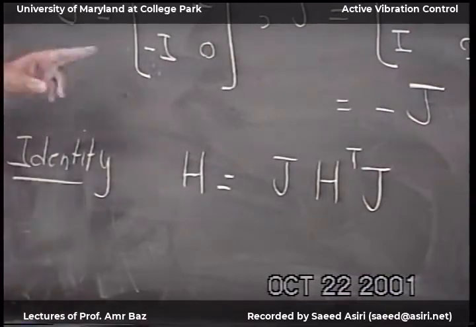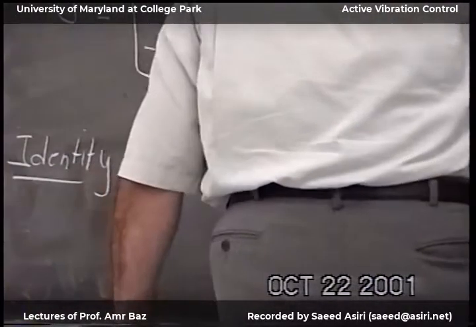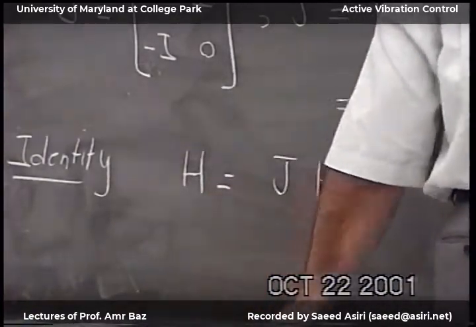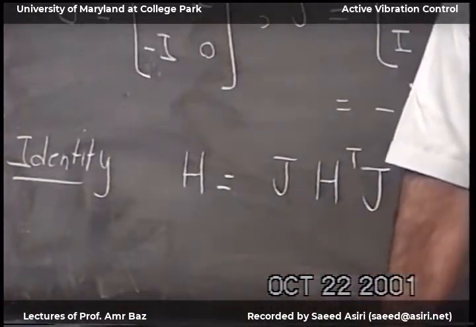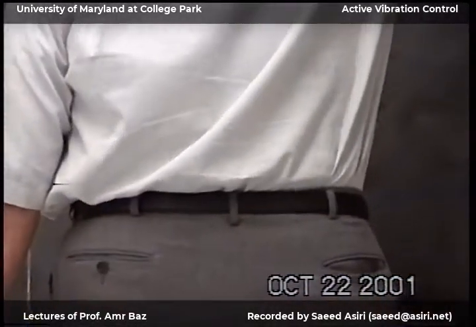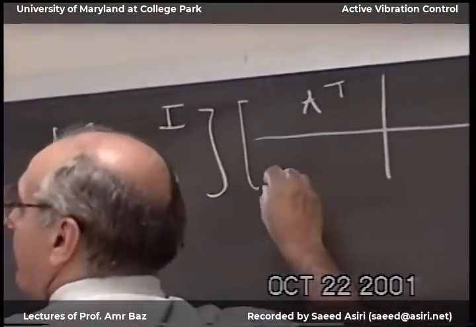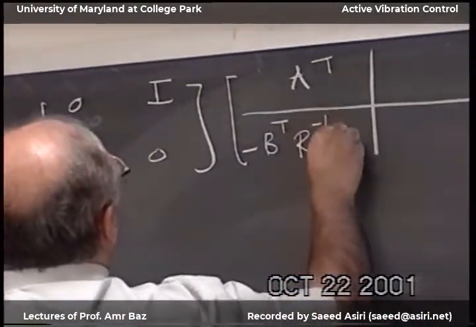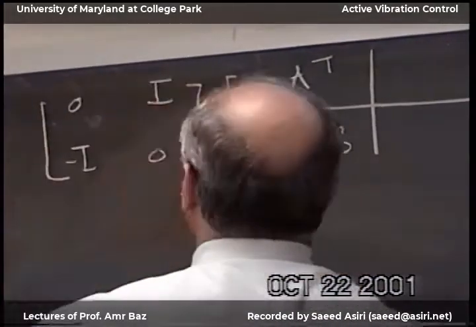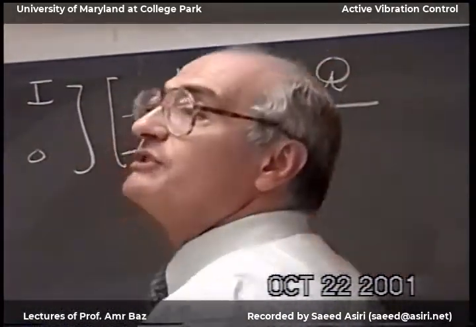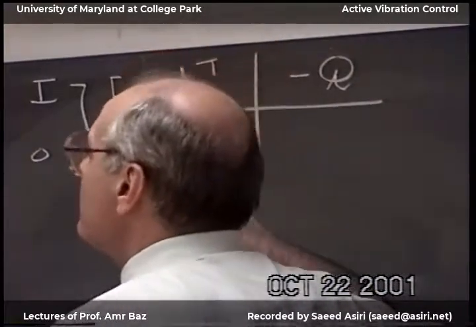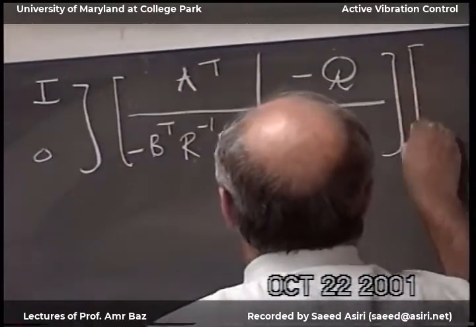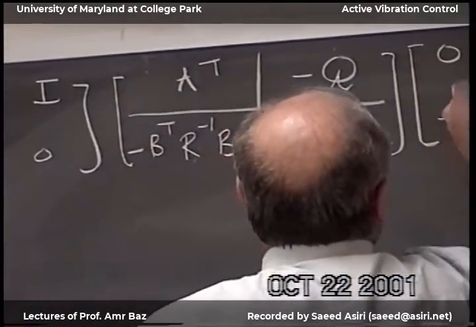Just put these matrices, 0, identity, minus identity, 0, and then H transpose becomes A transpose minus B transpose R inverse B, and then minus Q, and Q is symmetric, so Q transpose is the same like Q, and then minus A, and then 0, I, minus I, and 0.